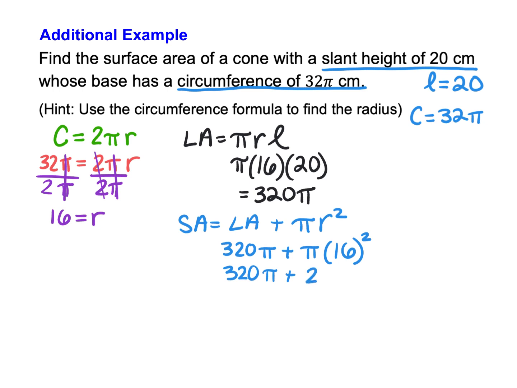So I need to take 320 pi plus 256 pi, and when you add those up, they're like terms here, that would be 576 pi. So my surface area of the cone is 576 pi square centimeters.